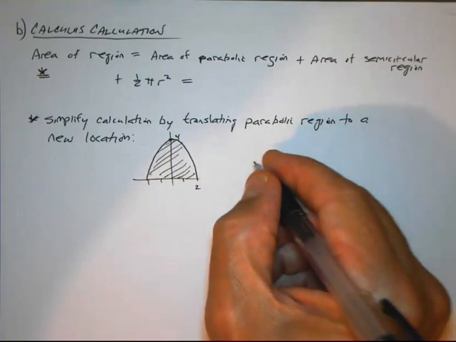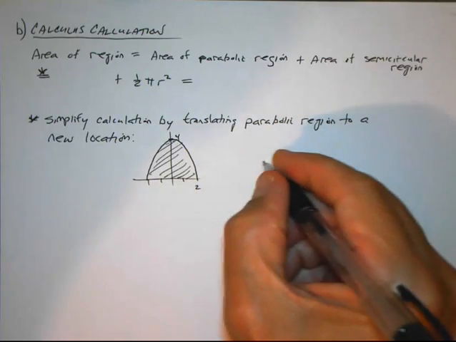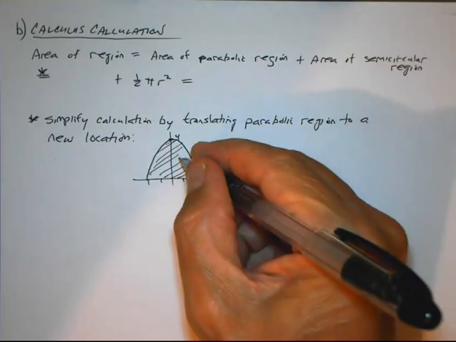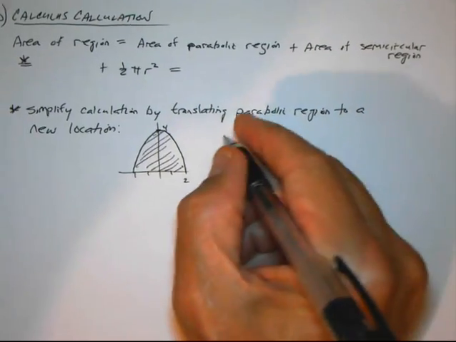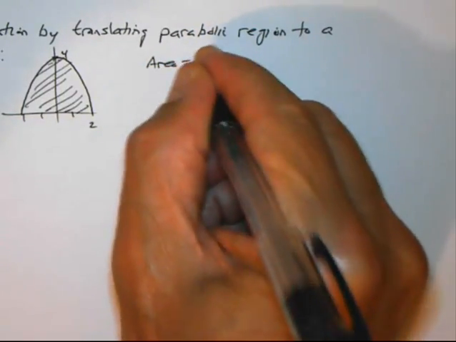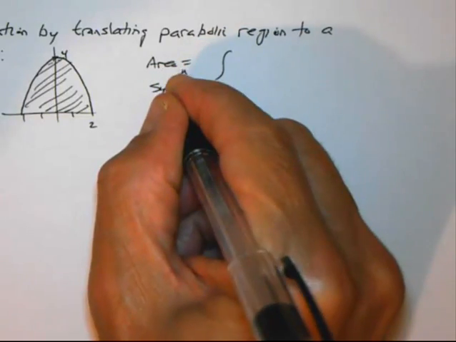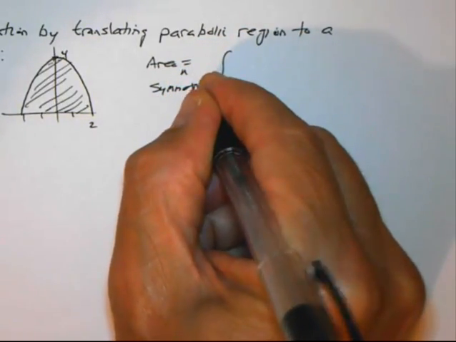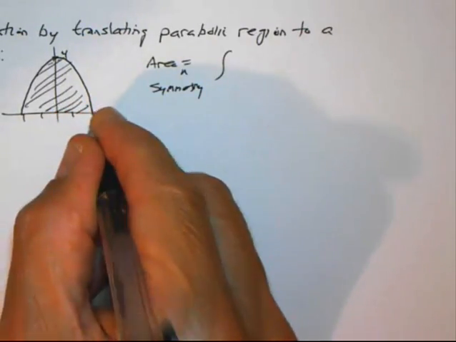Now we can also use symmetry in this situation. And then we're just looking at an area under the curve type calculation, which is pretty easy for calculus. This means that the area will equal, with symmetry being utilized, double the result we get from going from 0 to 2.